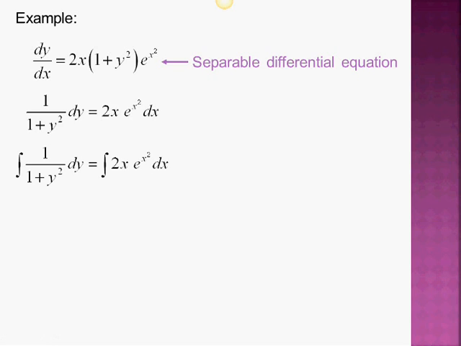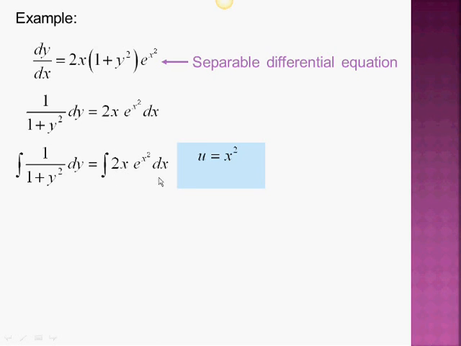So I now have on this side 1 over 1 plus y squared, and on this side 2x e to the x squared. On this side I recognize that this x squared is inside, and I see that 2x is its derivative, which is on the outside.